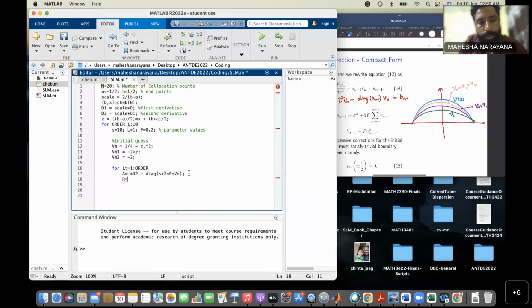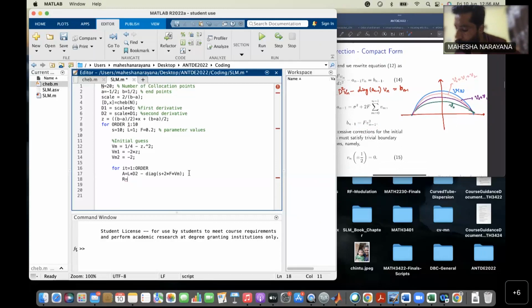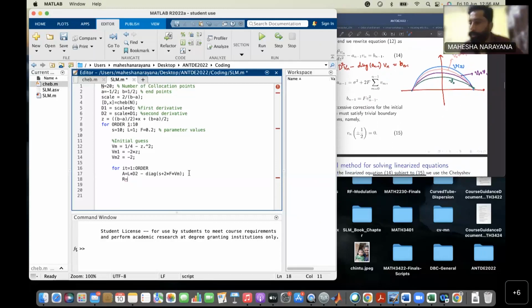So just use this particular one, or you could just take the right hand side of the previous solution. So the entire thing can be taken as R.